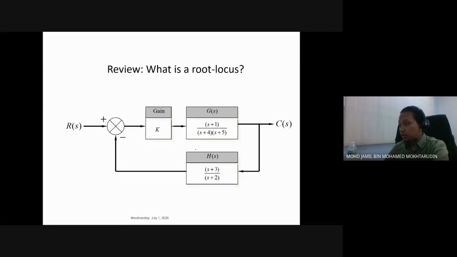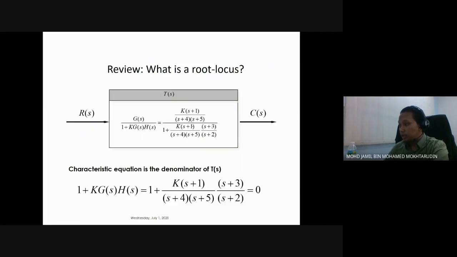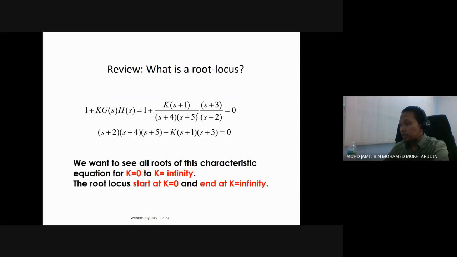If you go back to this transfer function and look closely, when k equals 0, you will get these 3 as the poles, meaning you have to look at the denominator here. And when k equals infinity, you will get these 2 as the poles.